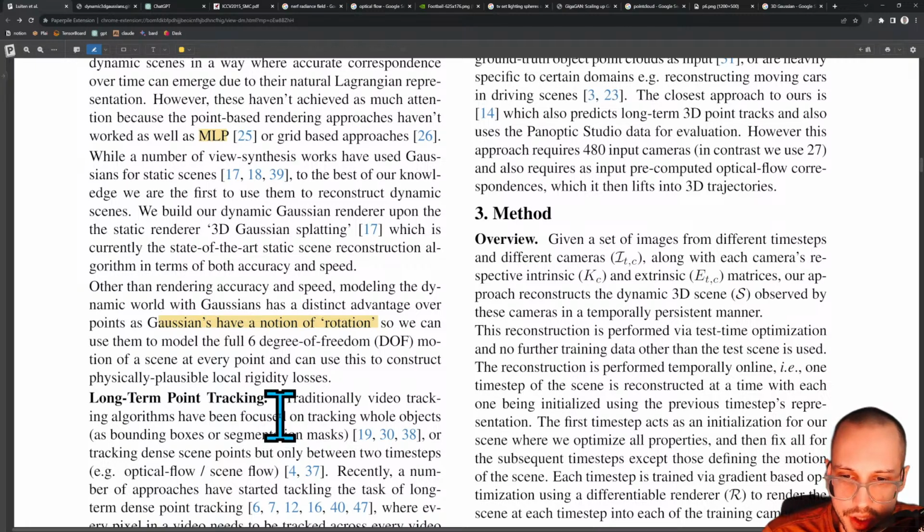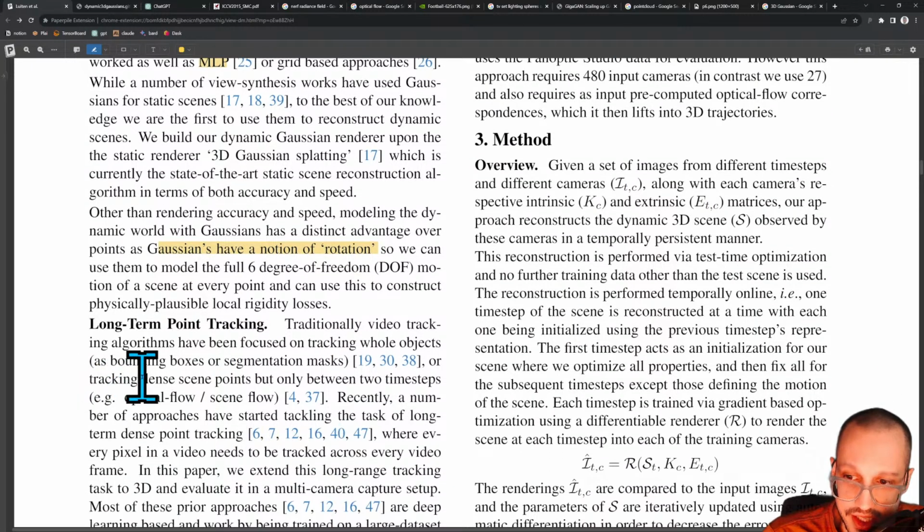Long-term point tracking. Traditional video tracking algorithms have been focused on tracking whole objects, such as bounding boxes or segmentation masks. Tracking dense scene points, but only between 2 time steps, is optical flow and scene flow.